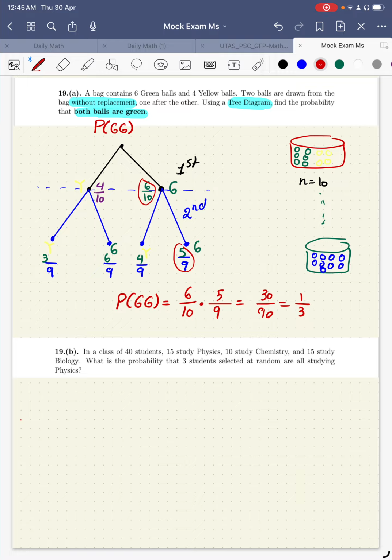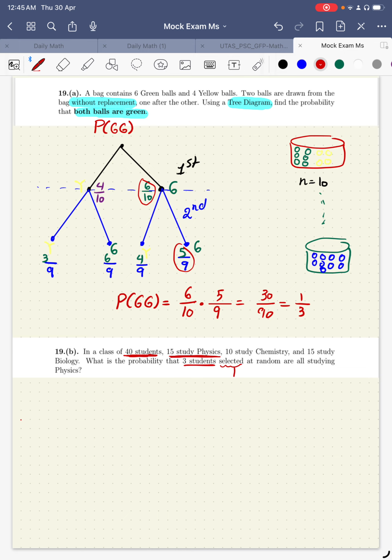So what I'm gonna look at here, first, the total number of students are 40. How many of them studying physics? 15, right? And what they want me to find, what is the probability that 3 students selected?